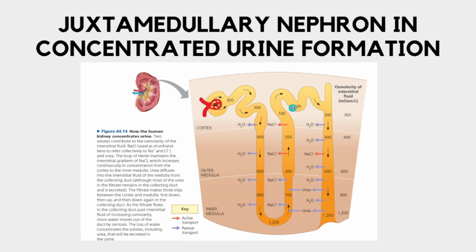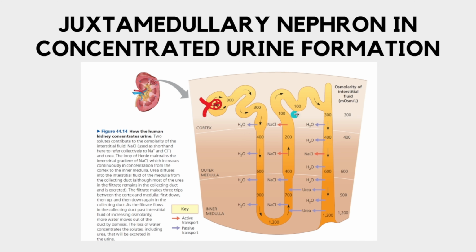So next, the filtrate descends again toward the medulla in the collecting duct, which is permeable to water but not salt. So the collecting duct is normally permeable to water, not salt anymore. Therefore, osmosis extracts water from the filtrate as it passes from cortex to medulla and encounters the interstitial fluid of increasing osmolality.